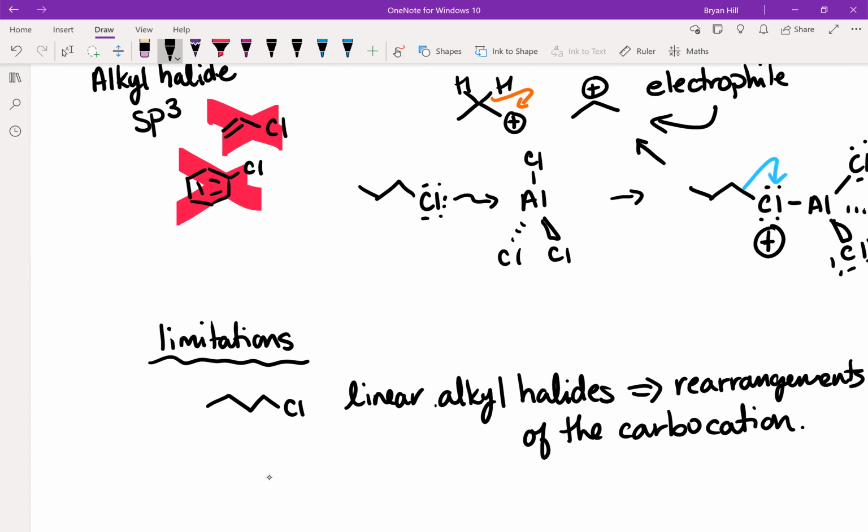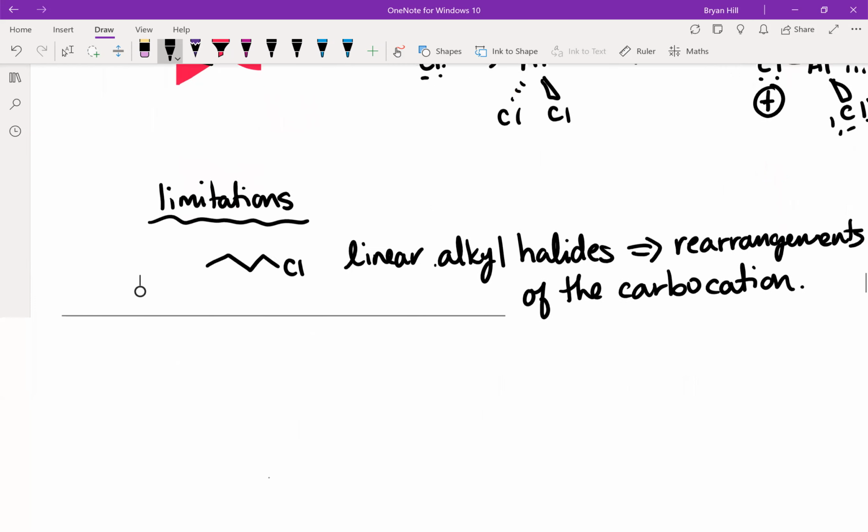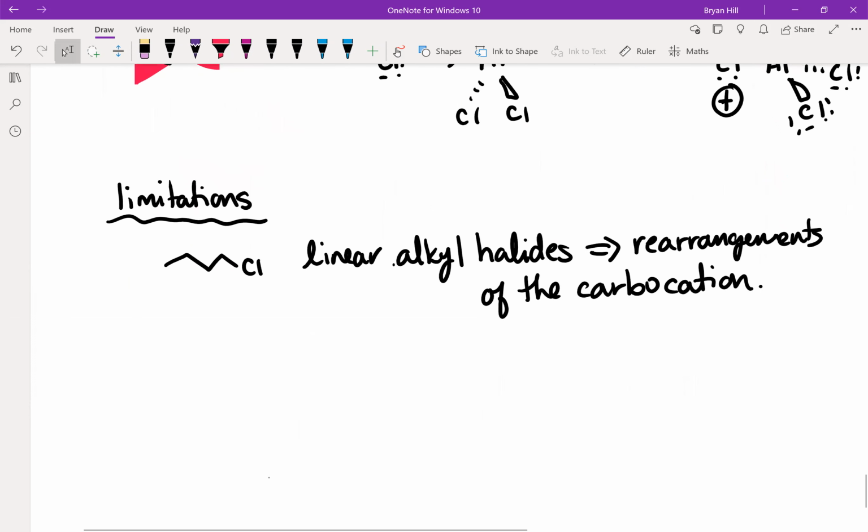So that's a pretty big. So this is for linear alkyl halides. You get rearrangements of the carbocation. So that's problematic. And we're going to see how the chemist overcame that in a second.